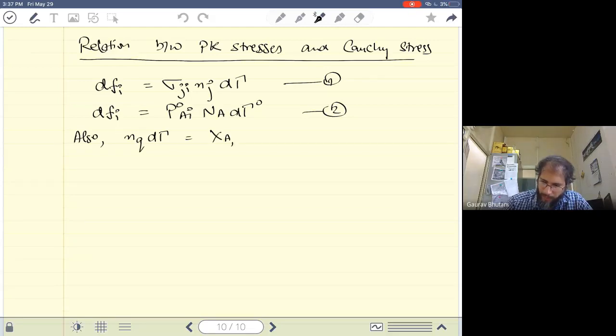This is x_a,q times the Jacobian times N_a times d gamma_0. Again, this has been shown earlier. You can go back and check the derivation.